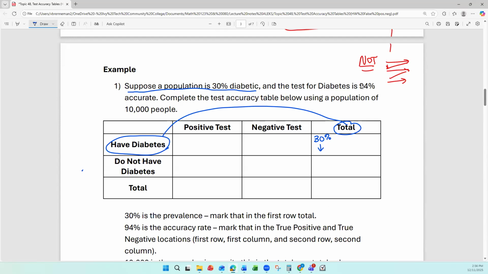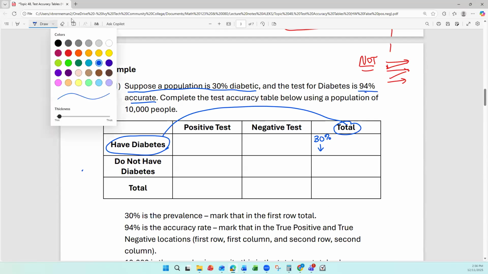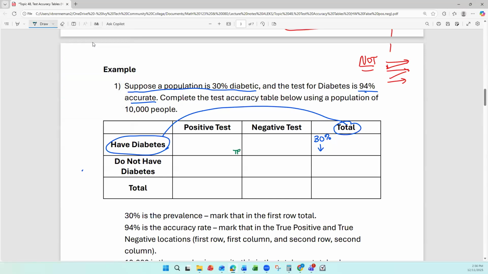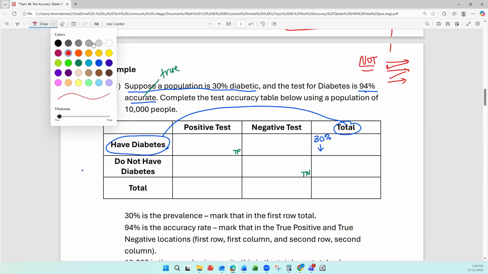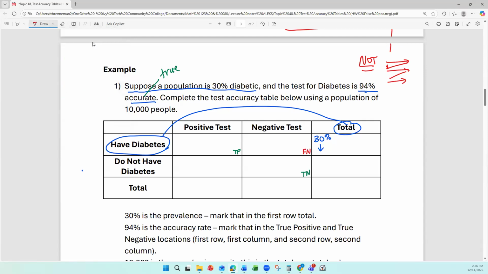The test for diabetes is 94% accurate. I'm going to write as a reminder here, this is the true positive test for somebody that has diabetes. Negative test for someone that does not have diabetes is the true negative. So those are going to be the accurate results. Whereas the negative test for somebody that has it is a false negative. Positive test for somebody that doesn't have it is a false positive.